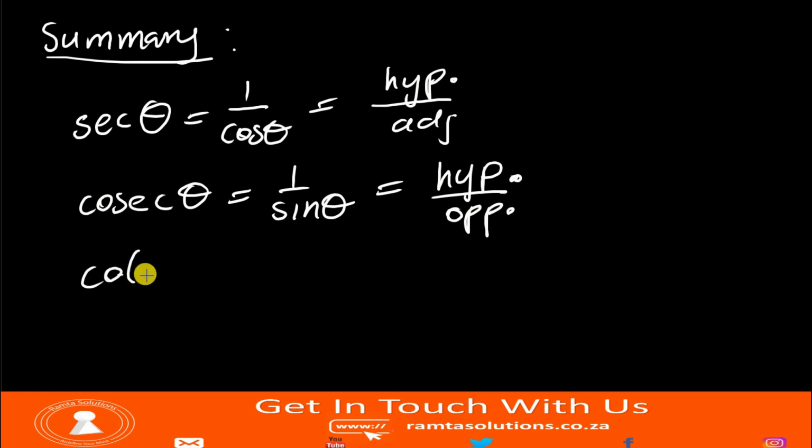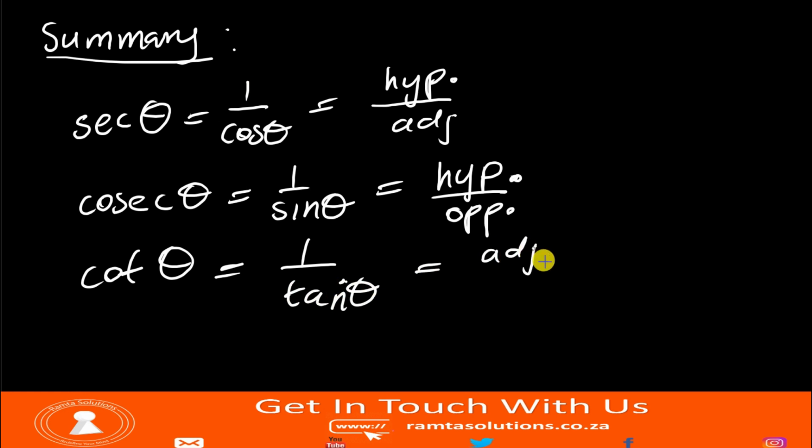Lastly, cotangent theta is equal to 1 over tan theta, which is adjacent over opposite. So these are your reciprocal ratios.